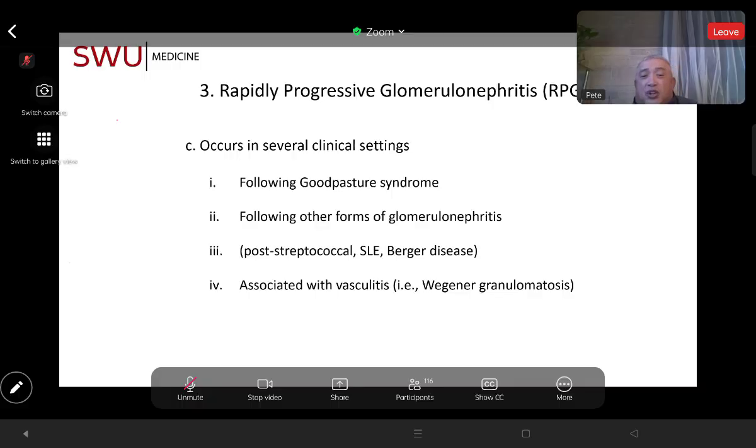It can be associated with vasculitis. When you have hematuria first, and then you have hemoptysis, that is your Wegener's granulomatosis. So please remember the sequence. Sometimes it's idiopathic, so you don't know the cause.